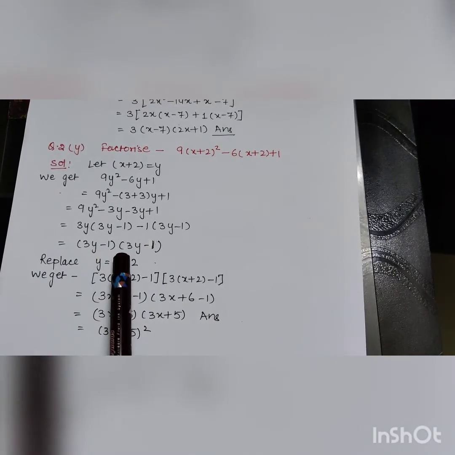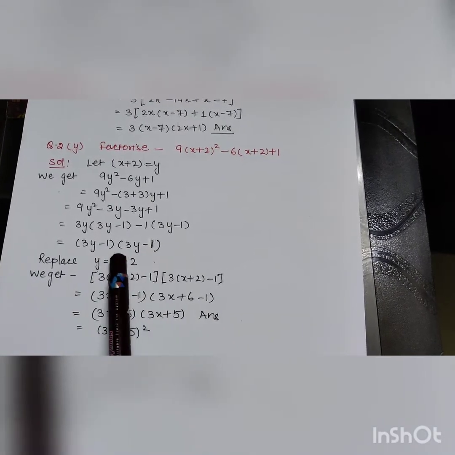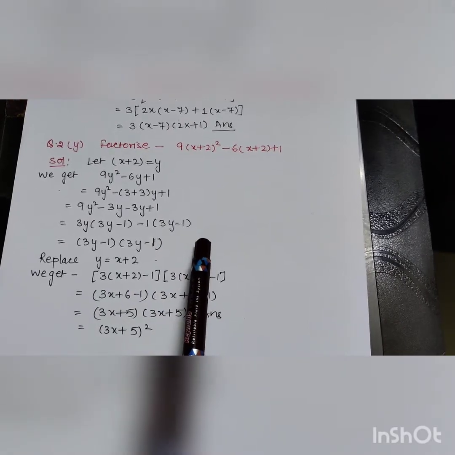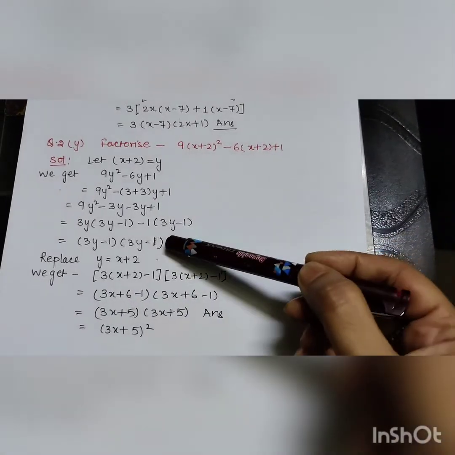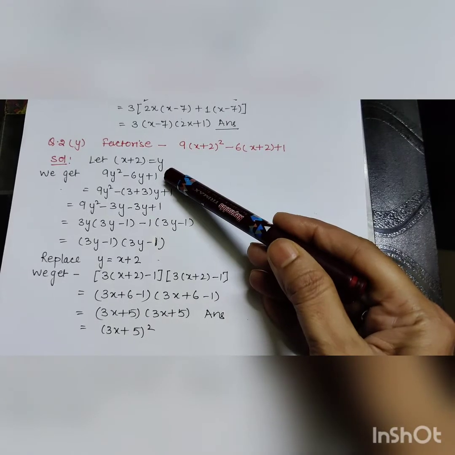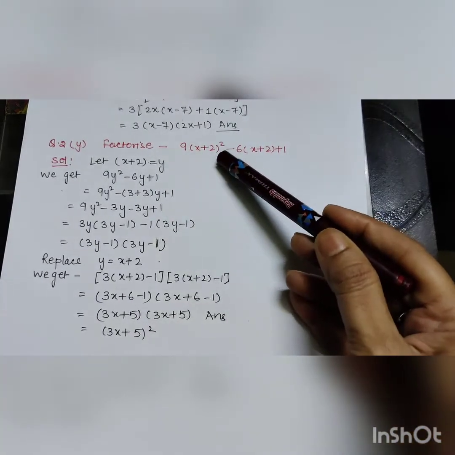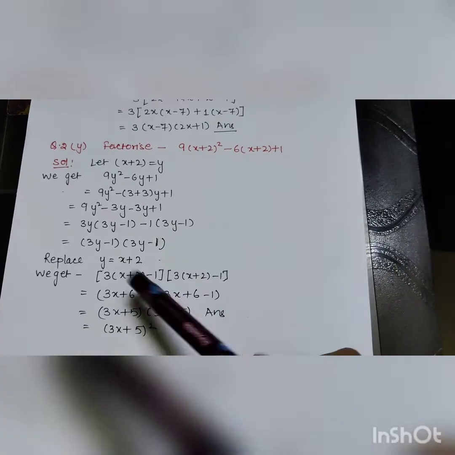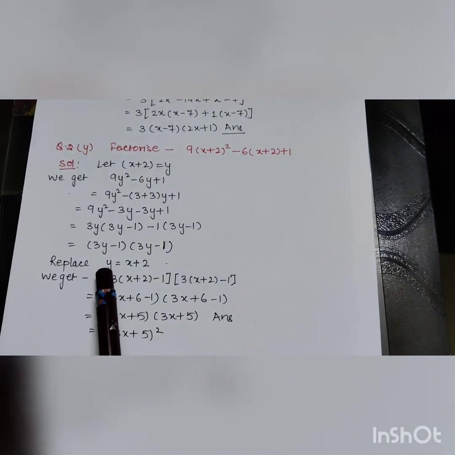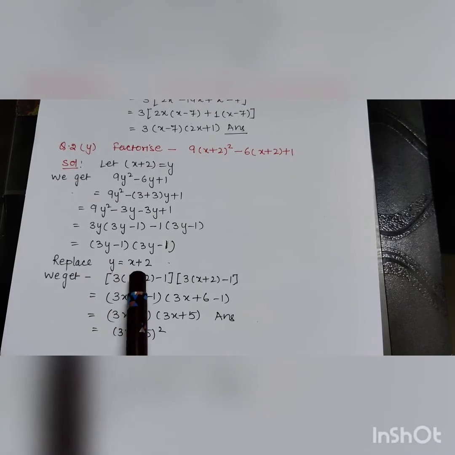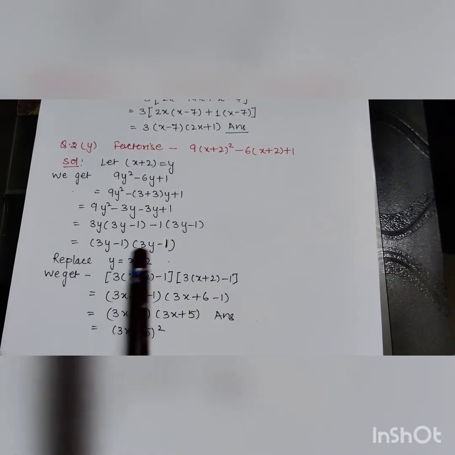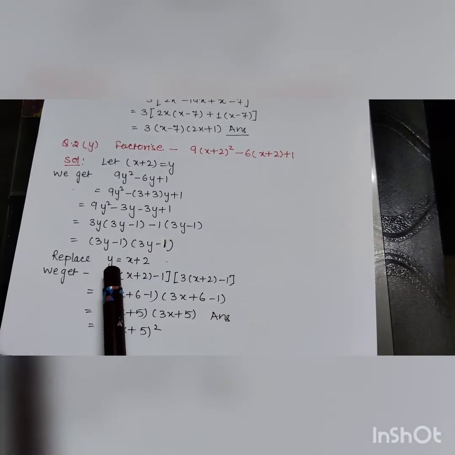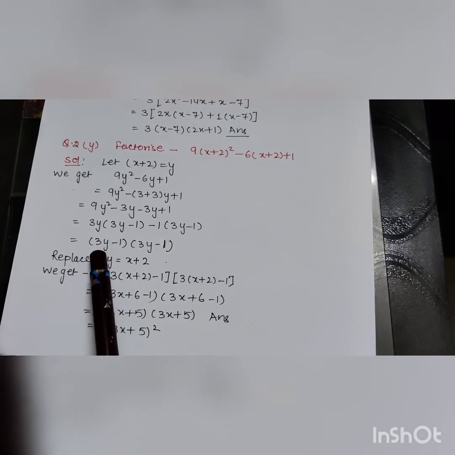So 3y minus 1 and 3y minus 1, or 3y minus 1 whole square, are the two factors of this expression. But we have to find the factors of the original expression. So what we have to do next? In place of y, we again have to replace x plus 2. So in these two factors, we have to put x plus 2 in place of y.